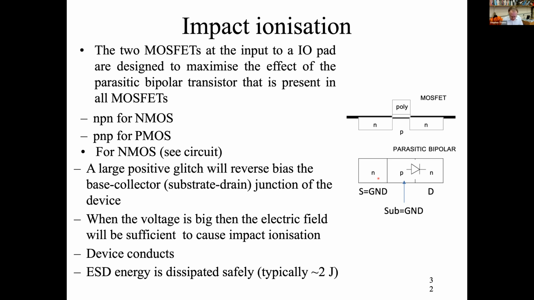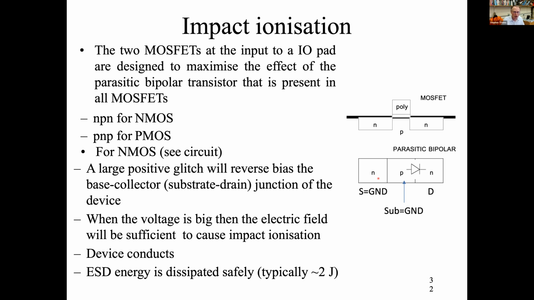So basically, impact ionization is when a free electron, which is one of your conducting electrons, because of the large electric field, is accelerated, it scatters, it collides with something, and because of the large electric field, it has gained enough energy by then to ionize the next atom.